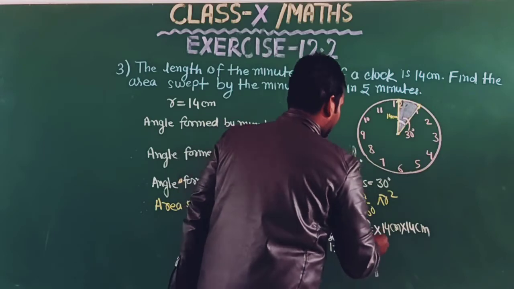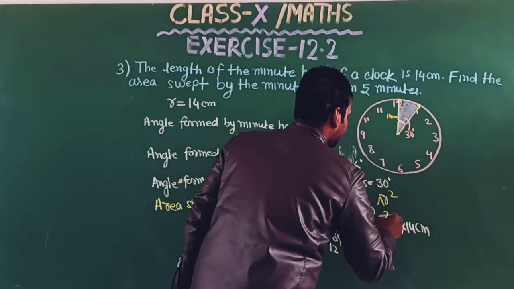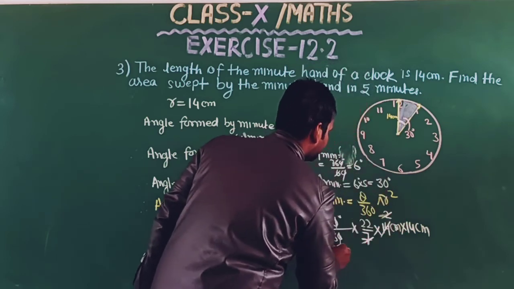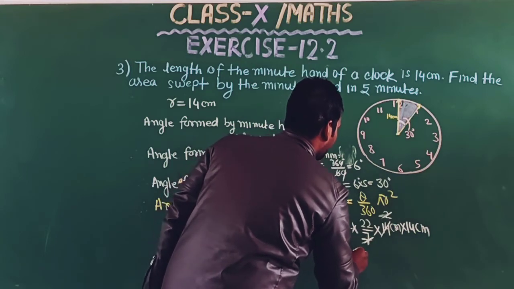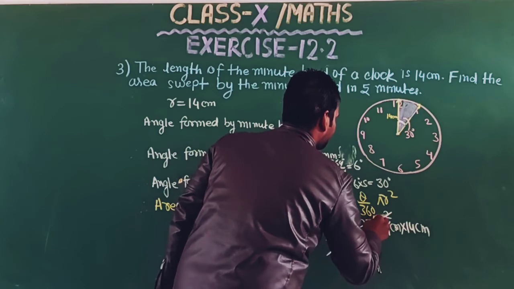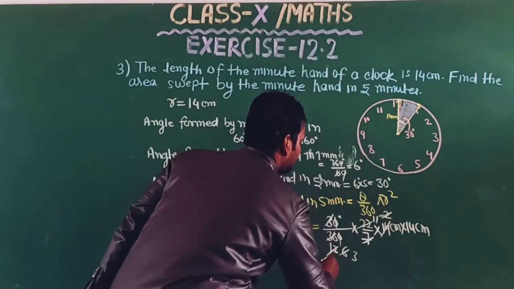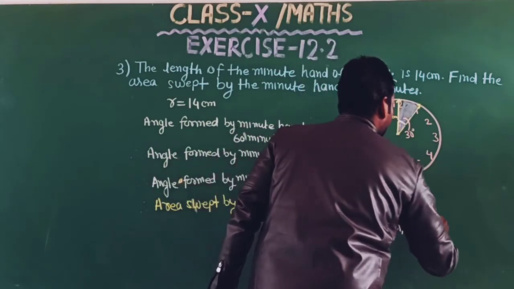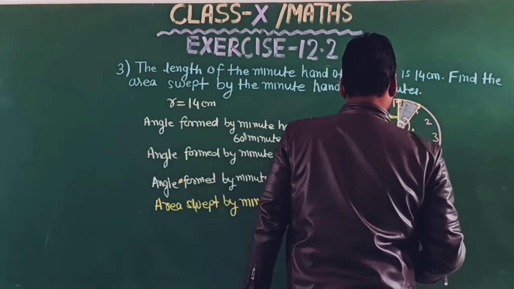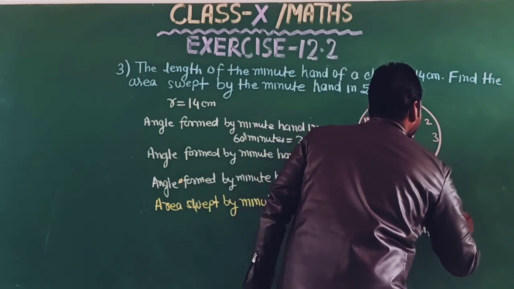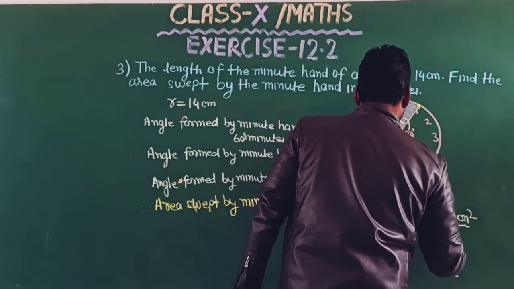Okay, and we can also cancel 7, and 2 times 11 is 22, and 40 is 2 times 20... Now multiply the remaining, which is 11 into 14 centimeter square by 3.